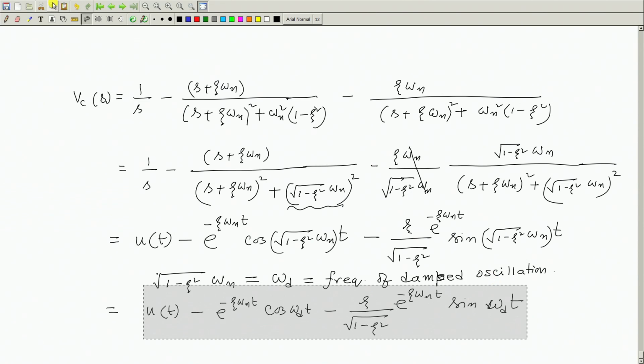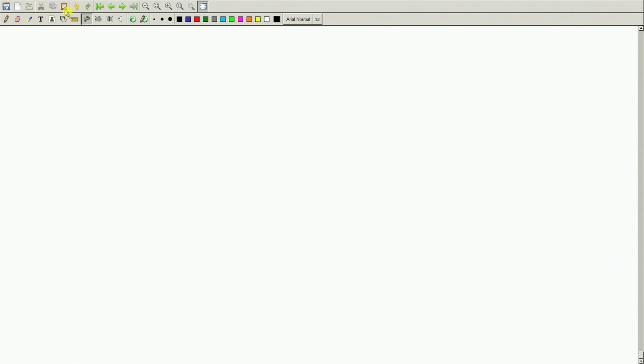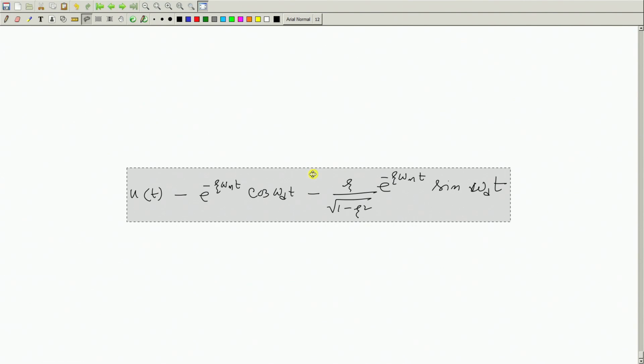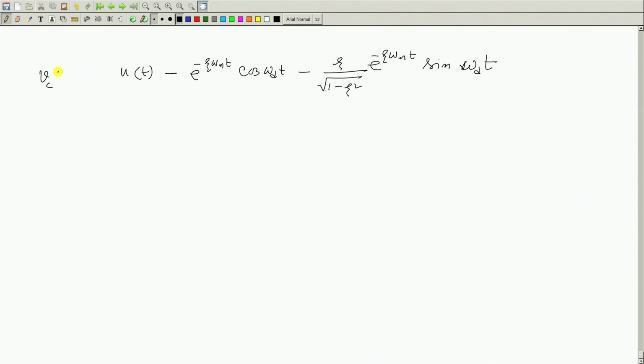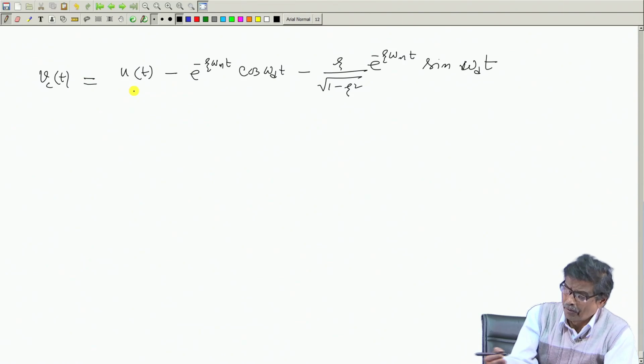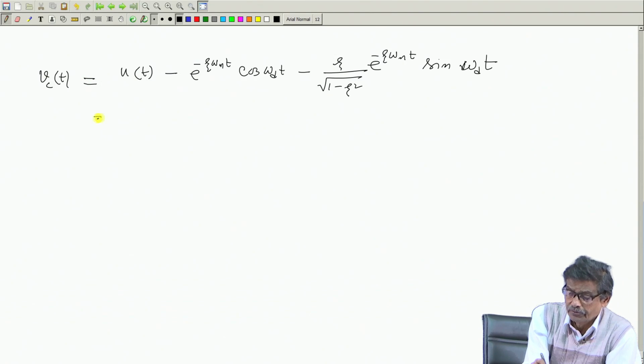Copy, and we go to next page and paste it. So, this is the thing we have got, and mind you, this is equal to V C of t, the capacitor voltage in time domain. Problem solution is over, but still we will further simplify it.